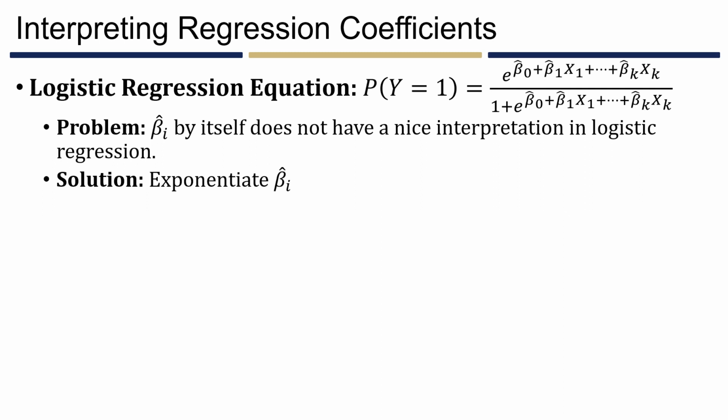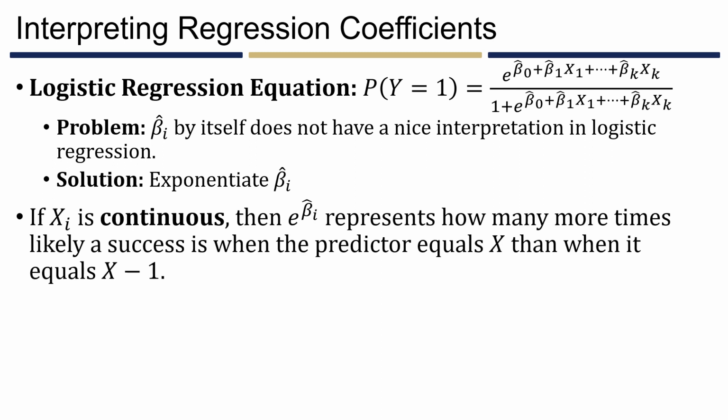Now, the interpretation is a little bit different depending upon if you have a continuous variable or a dummy variable. If your variable x_i is continuous, then e to the beta i hat represents how many more times likely a success is whenever the value of the predictor is equal to x compared to whenever it's equal to x minus 1.